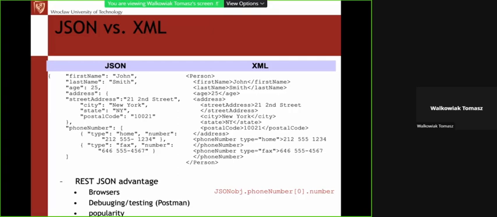So why are we now using JSON? Because it is more popular. Good, this is the answer. We are using popular things, but there are some reasons, at least in my experience, because I remember times when JSON was not used. Then I noticed JSON and I'm using JSON.